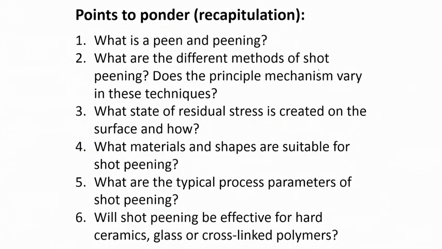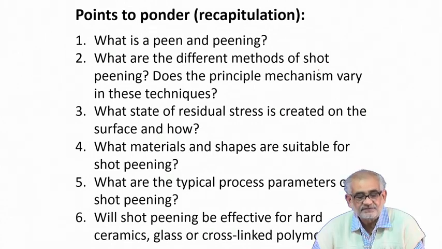That brings certain beneficial effects as far as fatigue strength and several other mechanical properties are concerned. The mechanism is more or less the same, no matter what kind of peening process we are doing, whether with shots, pin needles, or with some other agencies, wires and so on. The principal mechanism remains the same.